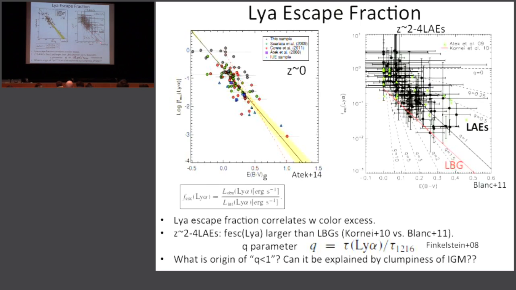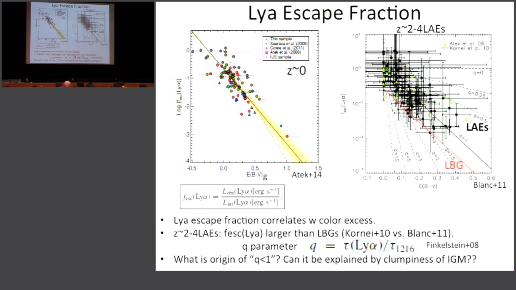If you compare this with the relation of the Lyman break galaxies shown with the red line, this comes beyond the Lyman break galaxy relation. Some of the Lyman-alpha emitters may show an extremely large Lyman-alpha escape fraction.